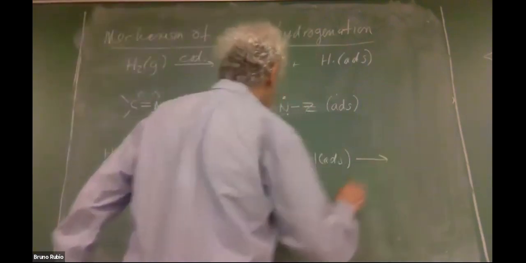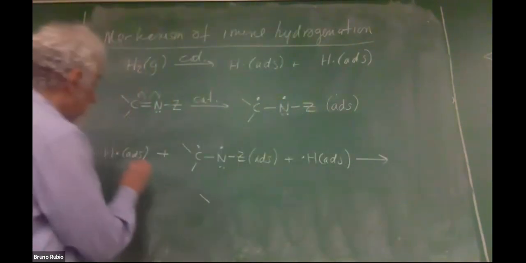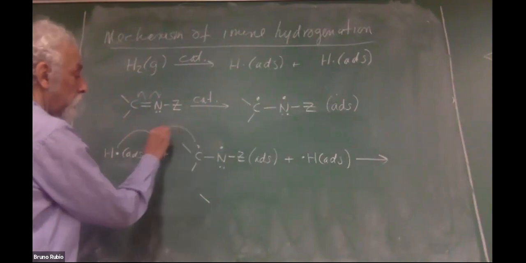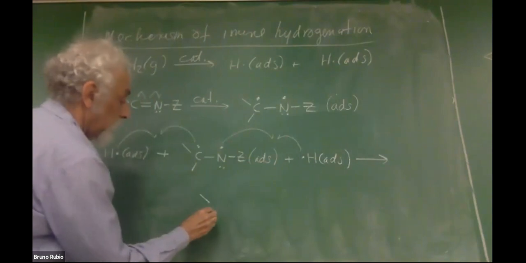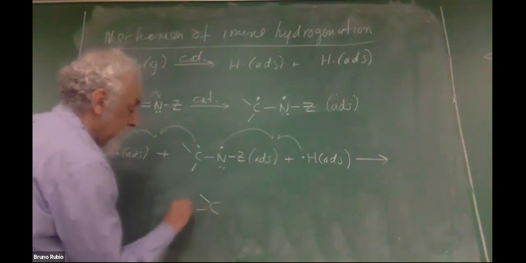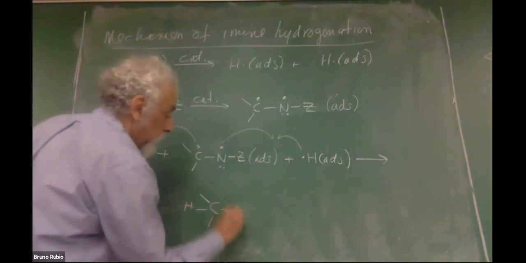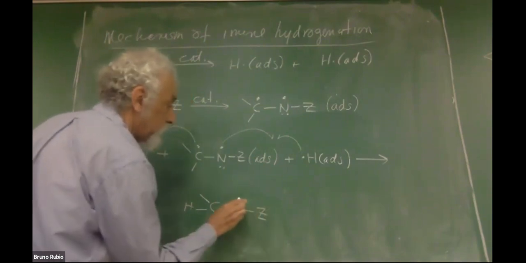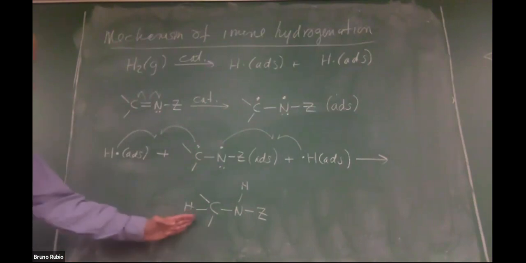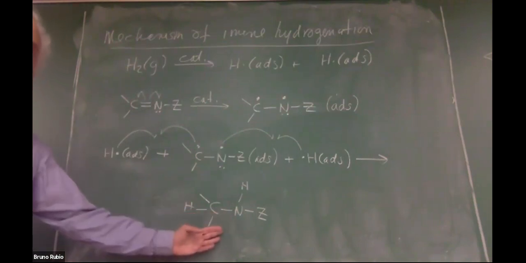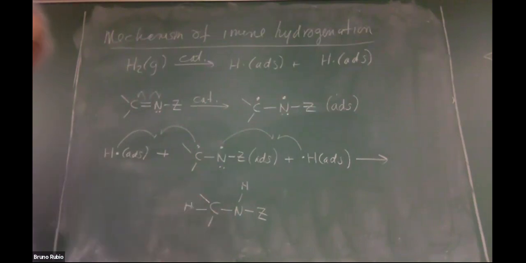These two dots get together, and these two dots get together, and so we have the product of the hydrogenation of the imine. The atoms of hydrogen have added across where the double bond used to be.